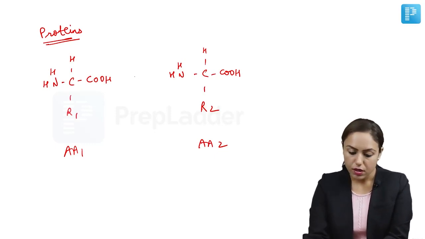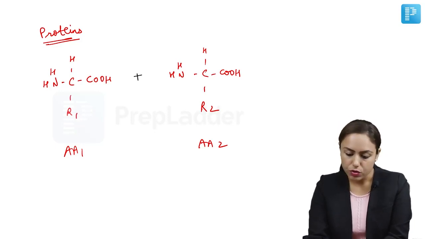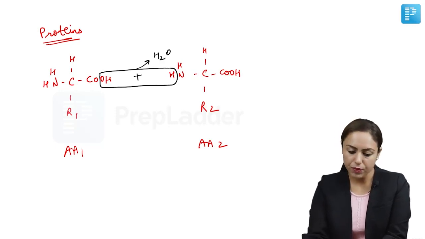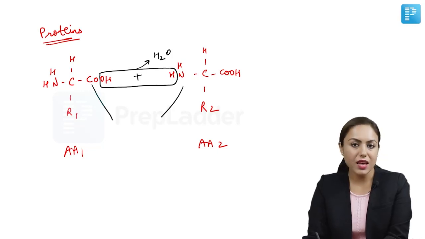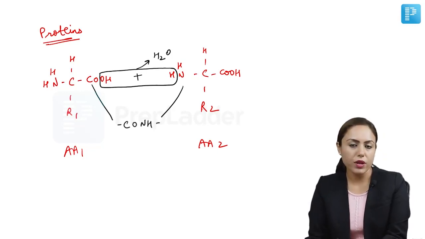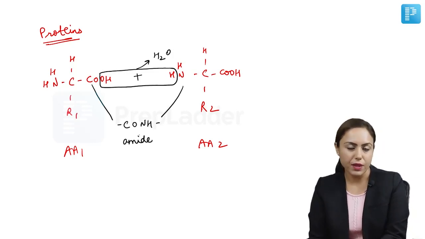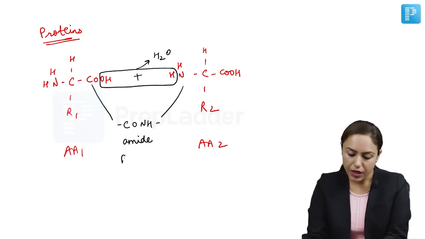When they join, as with any macromolecule formation, water is removed. Okay. So this H2O will be removed to make this polymer, that is protein, and this CO and this NH will join. The CO and NH join to make this amide bond between amino acids. So the general name of this bond is amide bond. When an amide bond is present in proteins, it is known as a peptide bond.